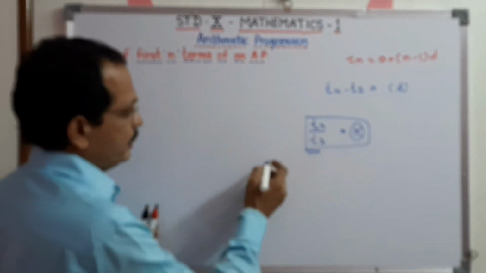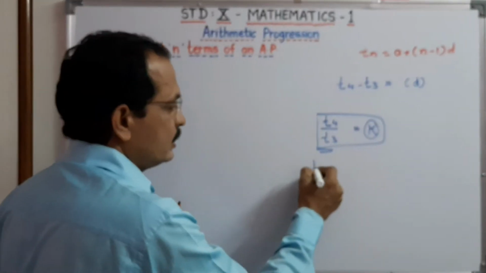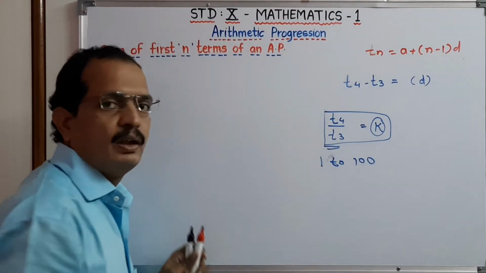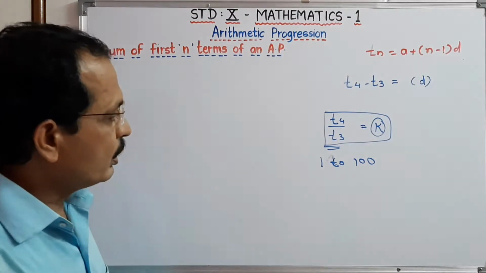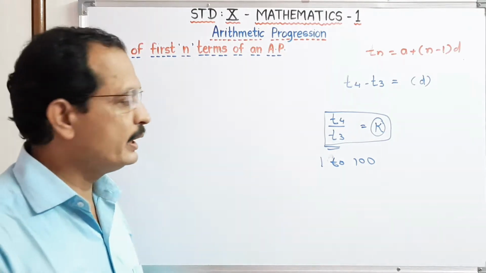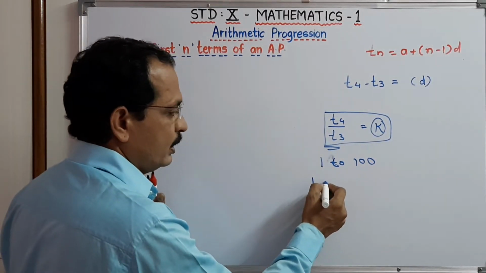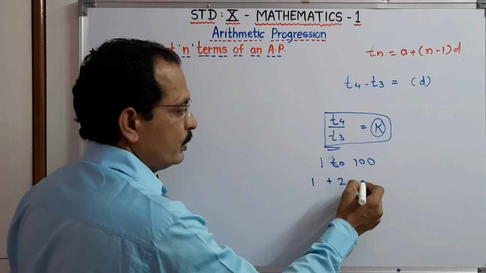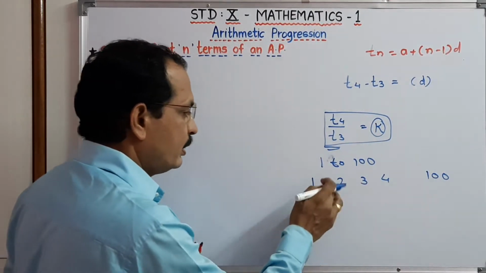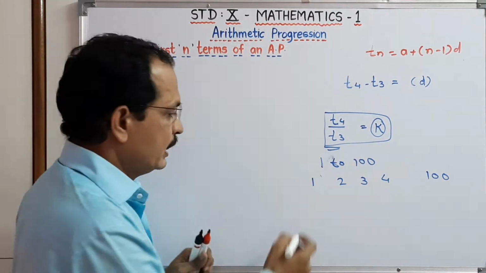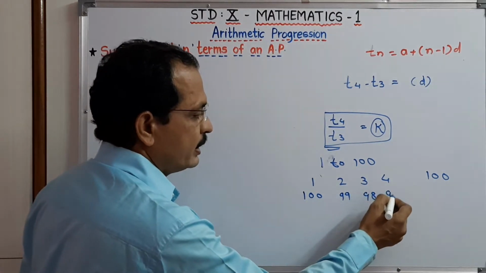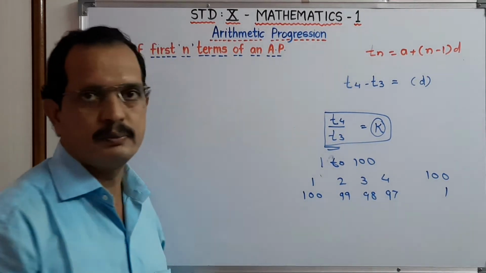His teacher told him to do the sum of the numbers 1 to 100. For finding the sum of the numbers 1 to 100, what he did was write here 1, 2, 3, 4 up to 100, and below that he wrote the numbers in reverse, that is 100, then 99, 98, 97 like this, and here it is 1.